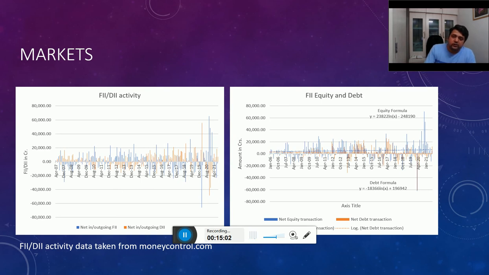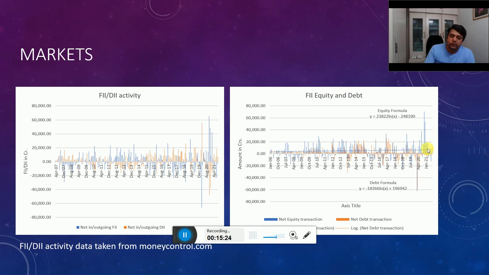In July 2013 there was a big release, where the FII removed about 20,000 crore worth of debt from Indian markets, and now suddenly from July or December 2019, we see a sudden action in these two markets by FII.